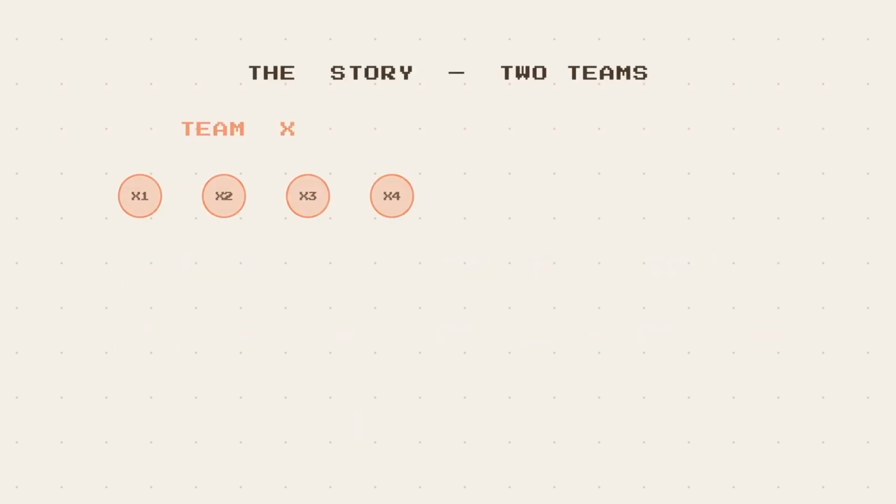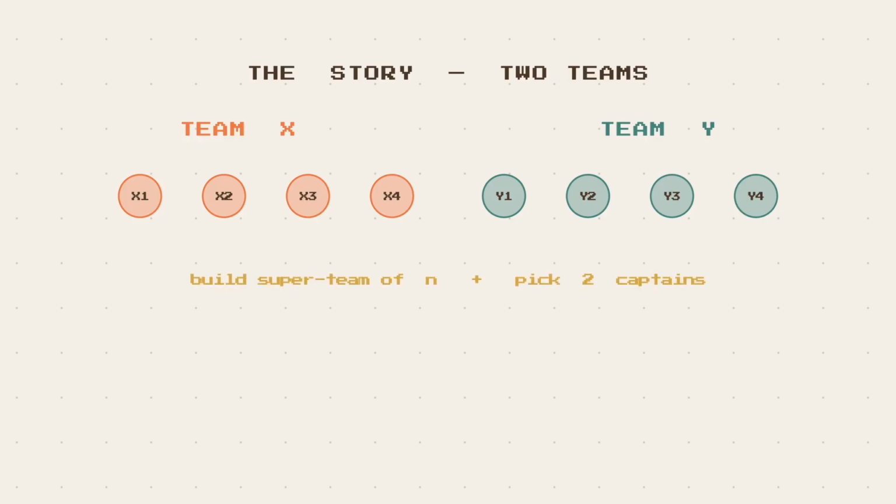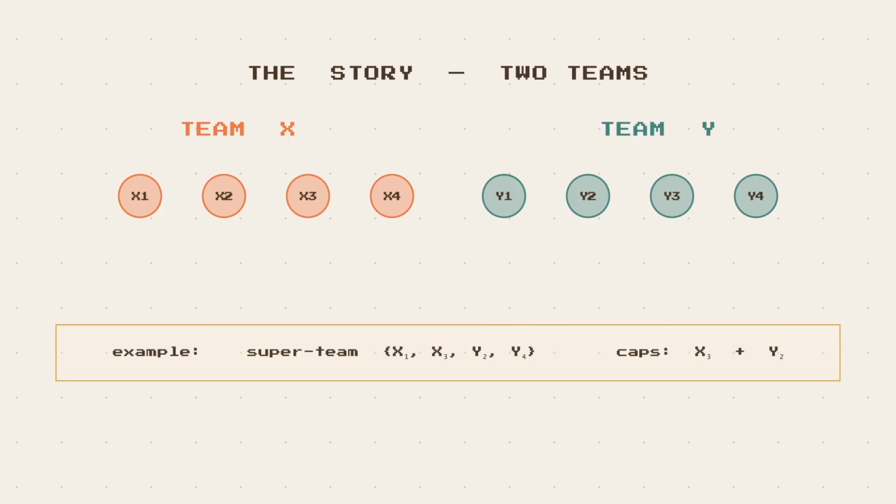The story is you have two teams, X and Y, each with n players. You want to build a super team of n total players, right? And then pick two captains. So the example to track is super team X1, X3, Y2, Y4, captains X3 and Y2. And I'll trace it both ways.